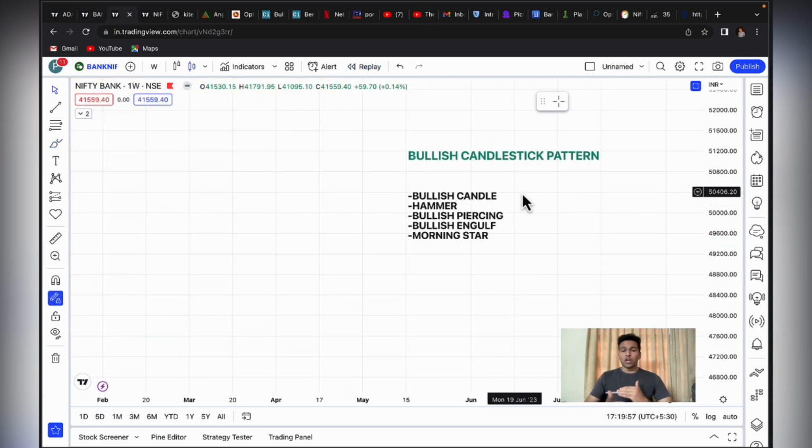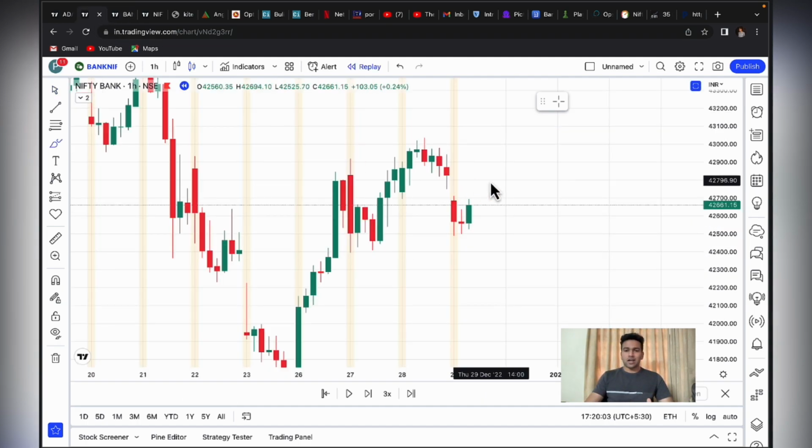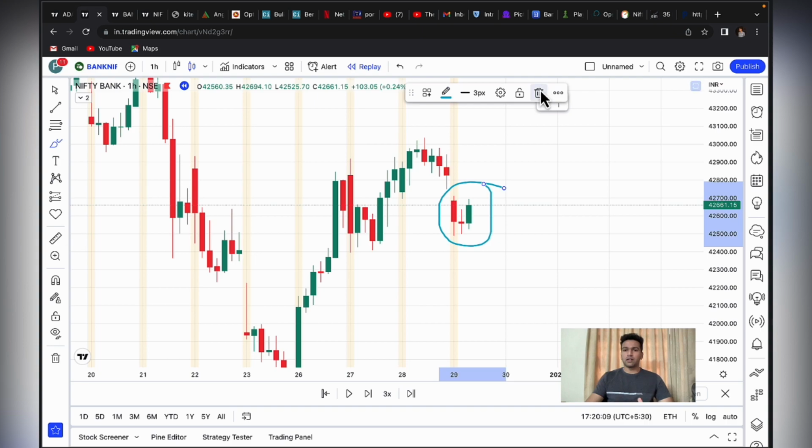So the next bullish candlestick pattern which we're looking at is a morning star. A morning star is a three candlestick pattern where the first candle is typically a bearish candle followed by a neutral candlestick.